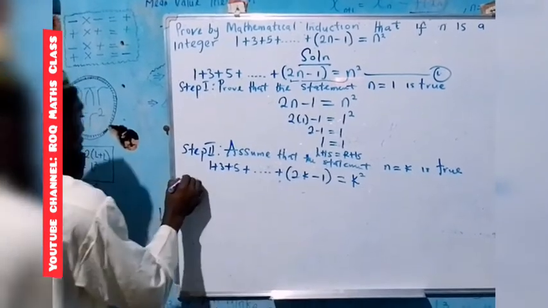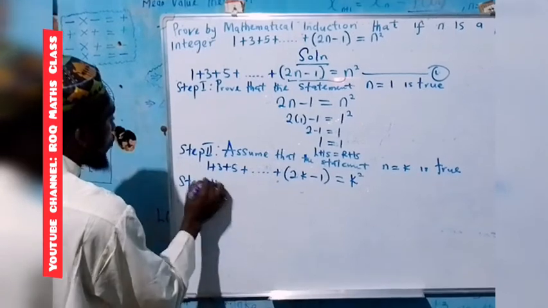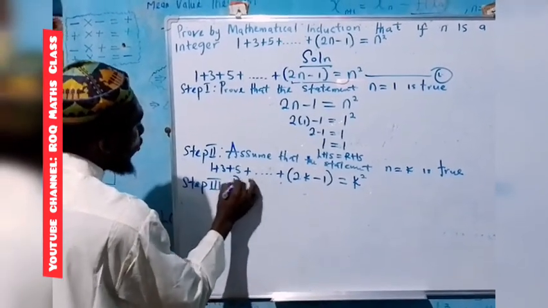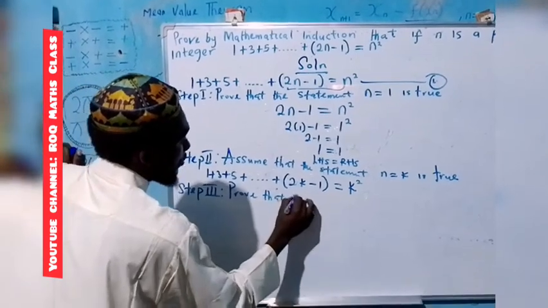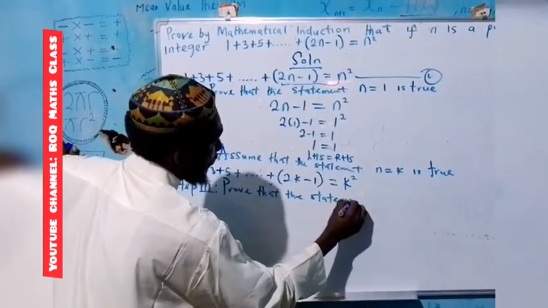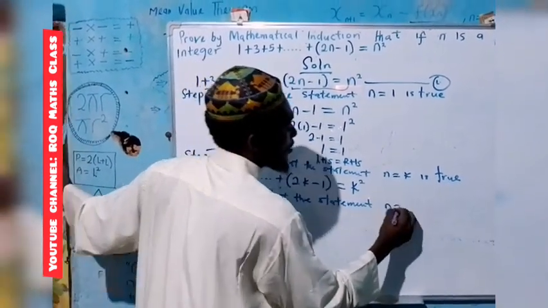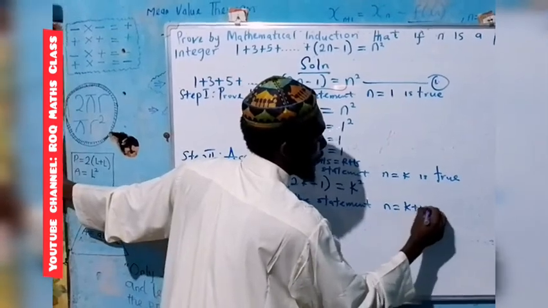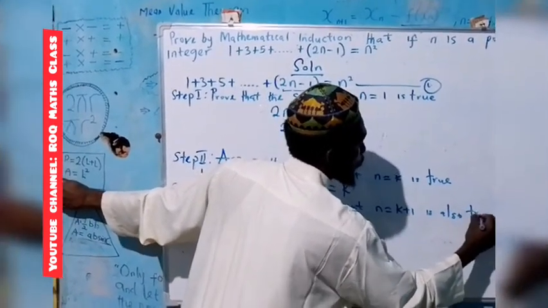Now, my step 3. What does my step 3 say? It says prove that the statement n is equal to k plus 1 is also true.